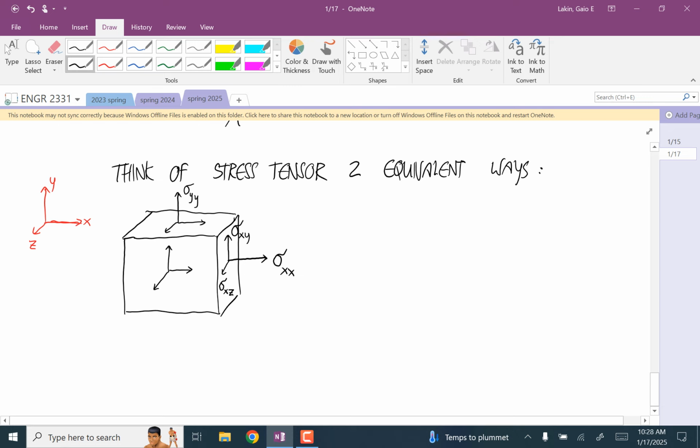But for rotational equilibrium, the one pointing in the X direction has to be equal to the sigma XY that I already did. So I'm going to write this as sigma XY, even though by the naming convention it should be YX. We generally want to have X as our primary, so it'll be XY, not YX. That's what people tend to do. And then this one, we will write as YZ.